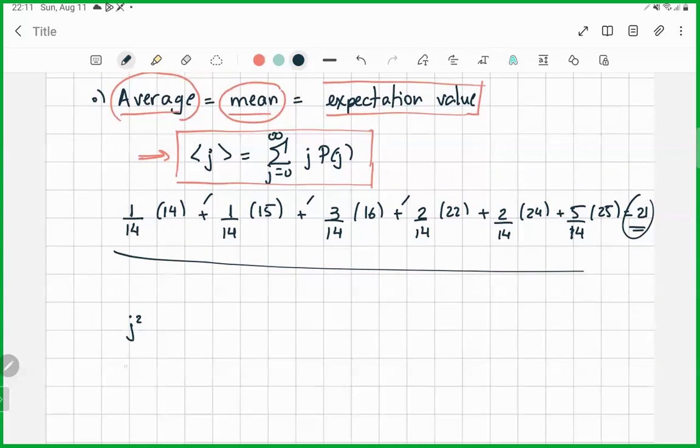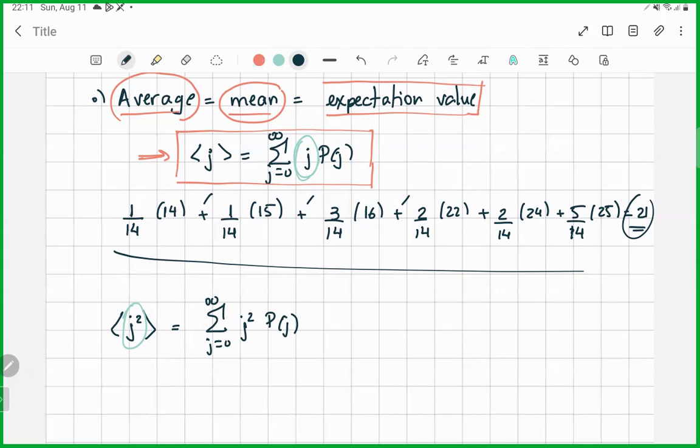Okay? So how do we compute the mean, the average of j squared? Well, very simple. It's again a sum from 0 to infinity. Now, instead of j, since I want j squared, we are going to put here j squared and the weight of each one of these ages.